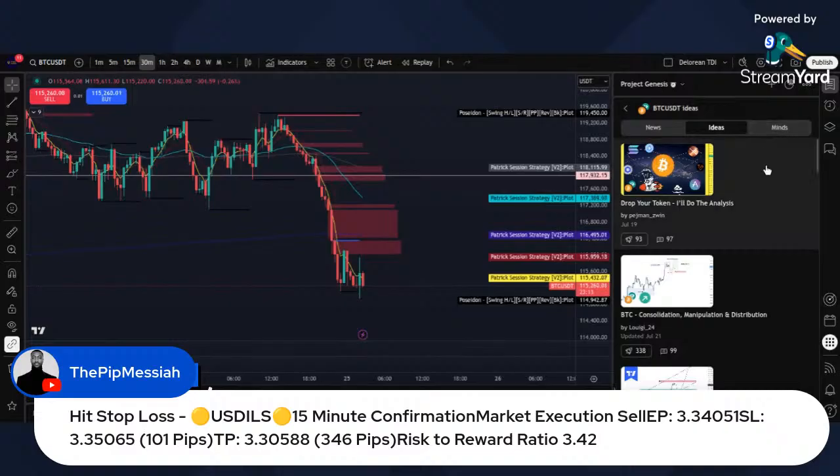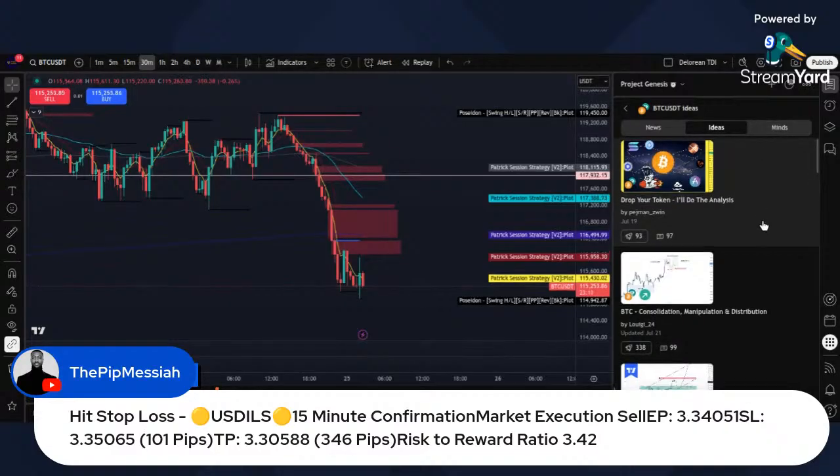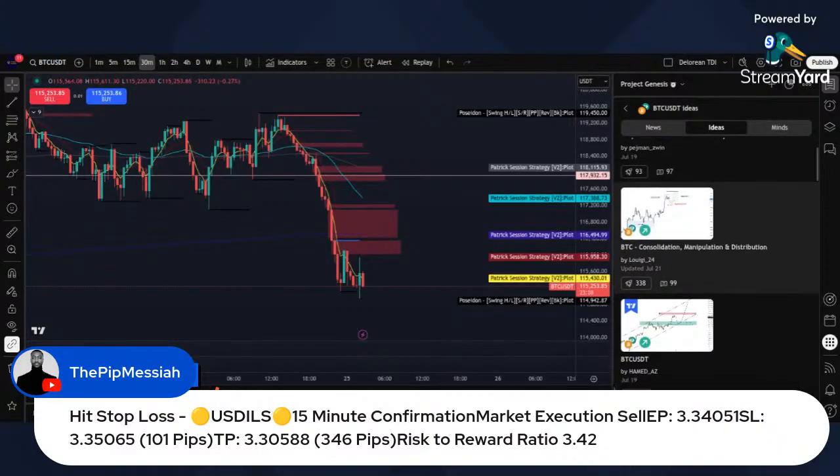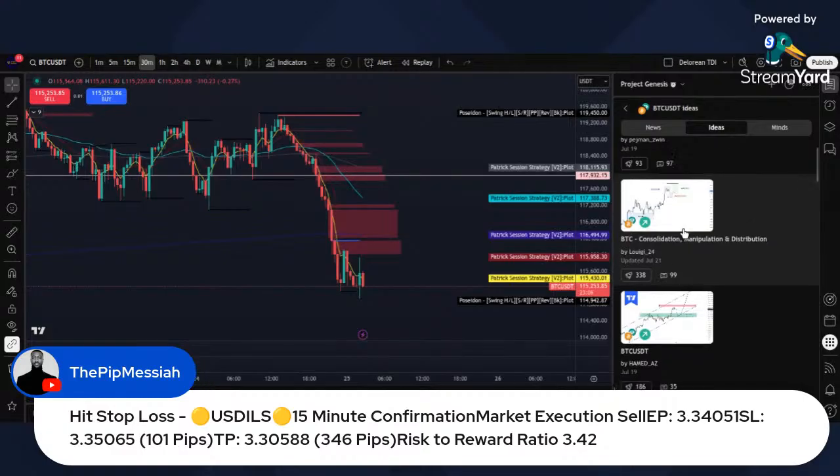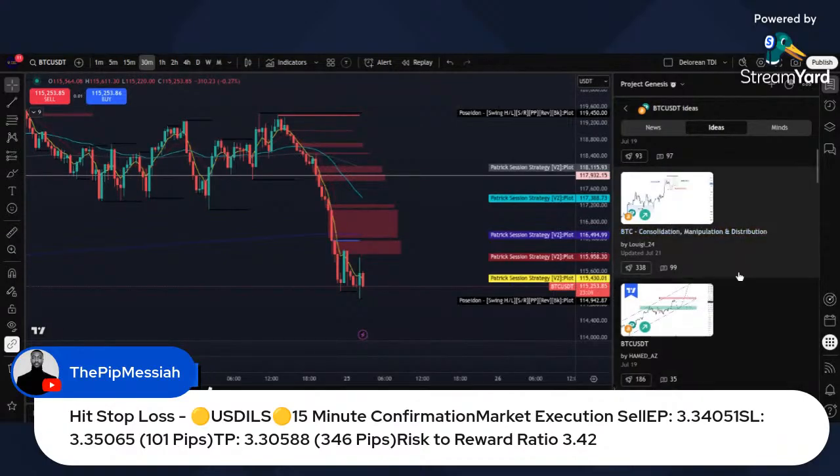It's kind of interesting to see everyone else still trying to be bullish on it. Look at all these people still trying to say that Bitcoin is going to buy up. It's not.